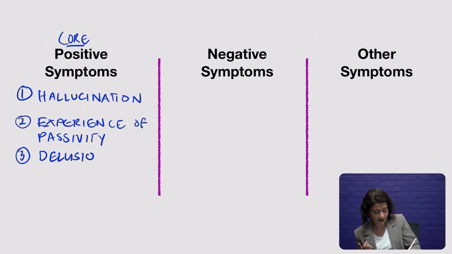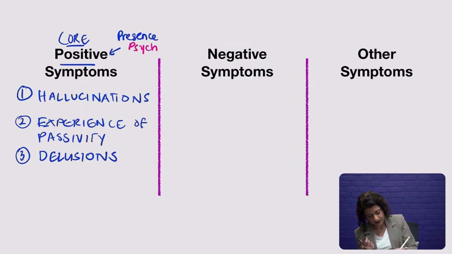Delusions are essentially false and fixed beliefs that actually completely contradict reality. So these are the 3 core positive symptoms. There are other positive symptoms as well. Positive simply means the presence of psychological dysfunction.